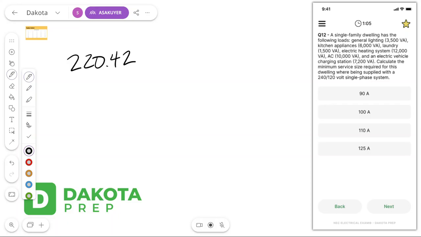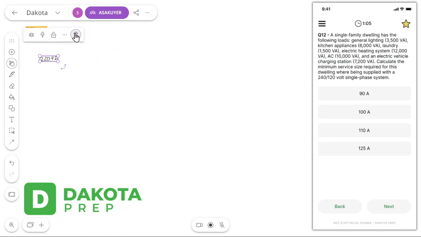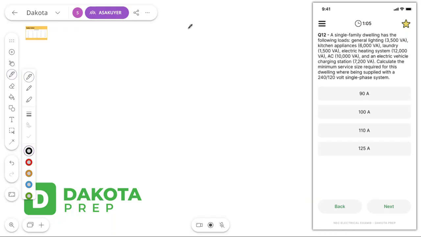In this case, they just said you've got 3,500 volt amps for your general lighting. Minimum lighting, that is, so we'll just say lighting load.